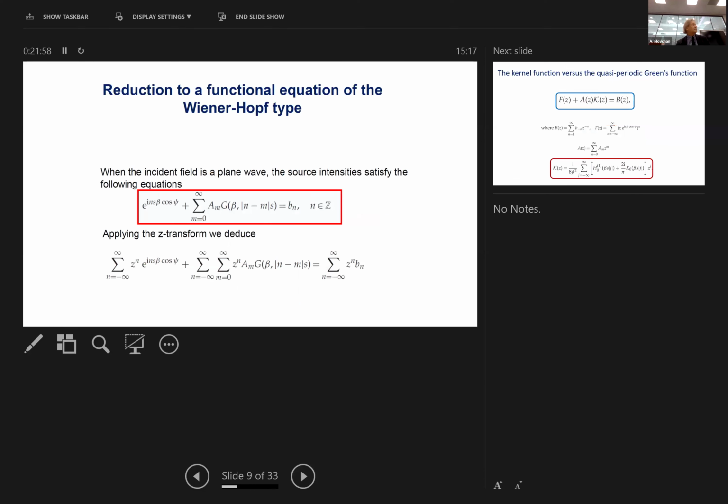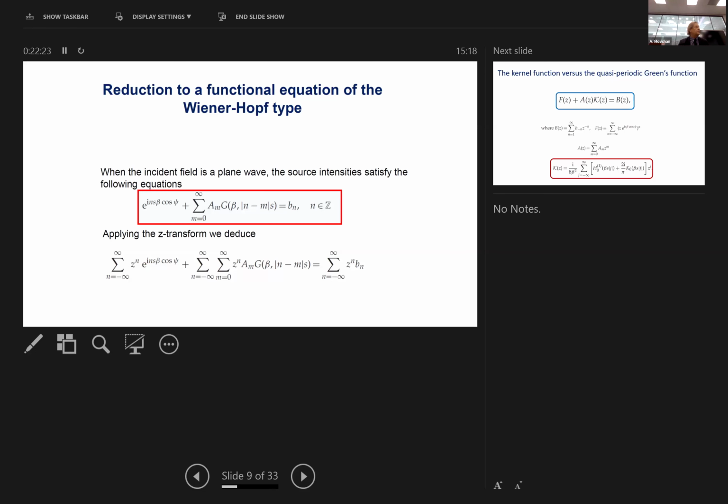So here, the method uses the so-called functional equations of the Wiener-Hopf type. And the idea is that the Green's function is essential. So if you have the Green's function, then you can do quite a lot. As you can see, it's not a lattice. It's a plate.